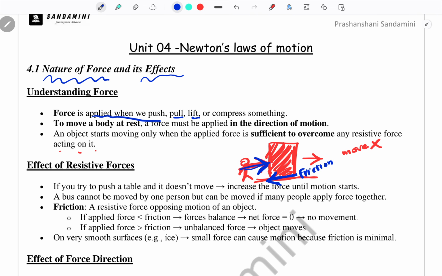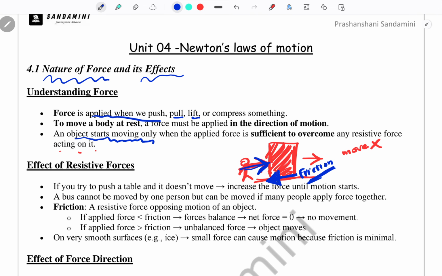That opposite force is called the frictional force. If that object wants to overcome this barrier and move, this person has to apply a greater force than this resistive force. Then eventually the object starts moving.